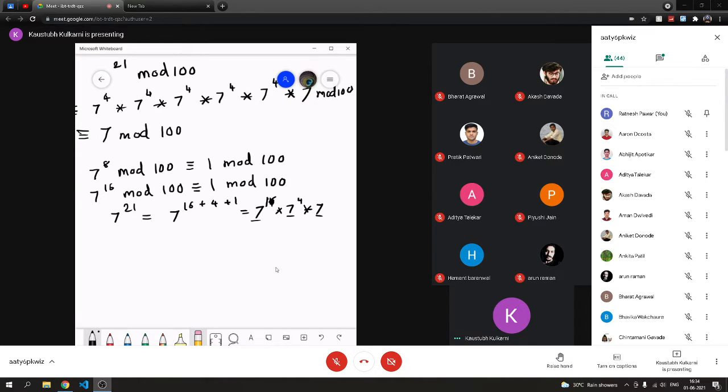If you see your syllabus, there is also some part of abstract algebra in your first module. So we'll go to abstract algebra and study something which is a combination of abstract algebra and number theory. Let's go for a while to abstract algebra and we'll return to number theory after that.